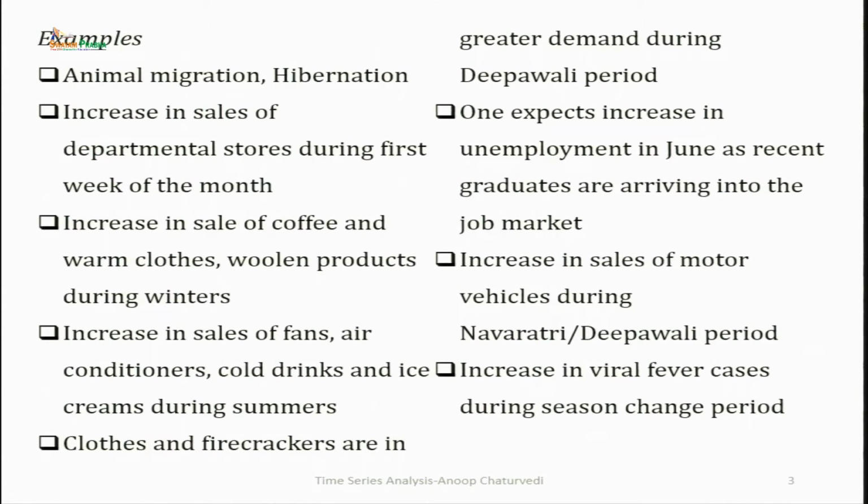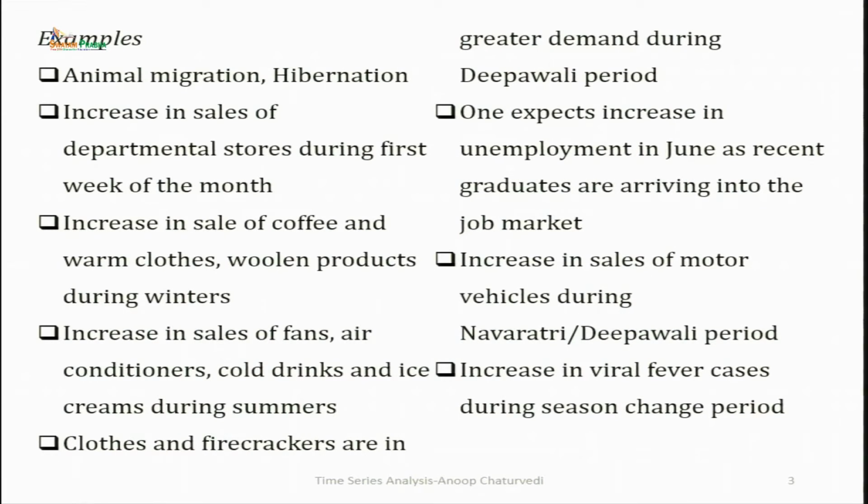Increase in sales of fans, air conditioners, cold drinks and ice creams during summers. Again, the cause of seasonality in the sale of air conditioners or ice creams is your usual season.